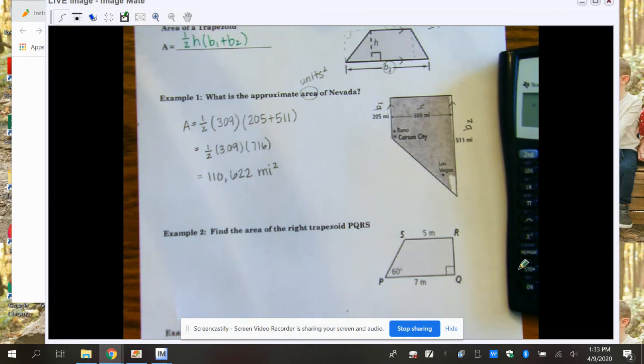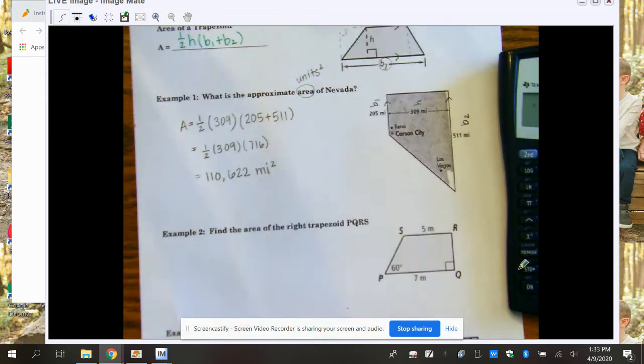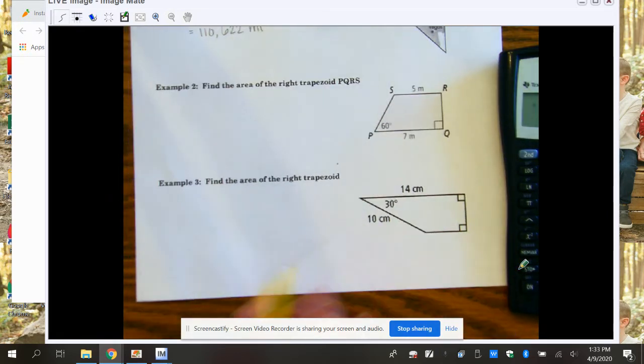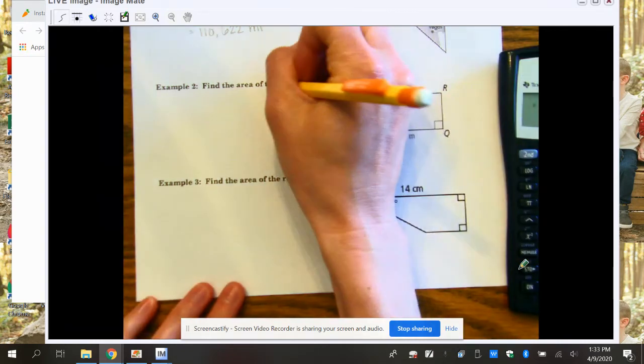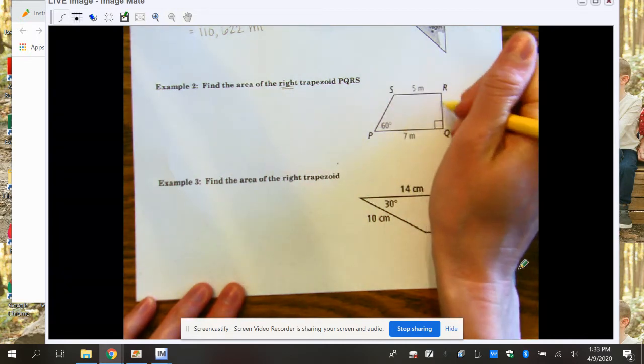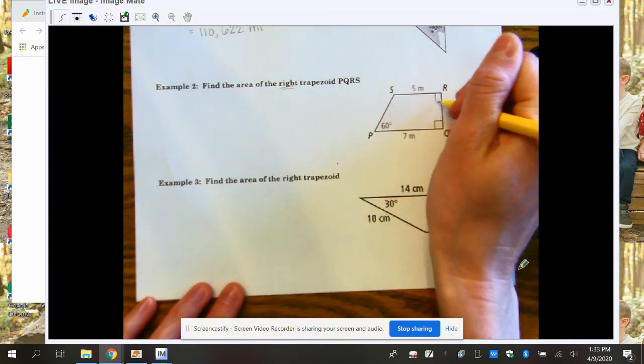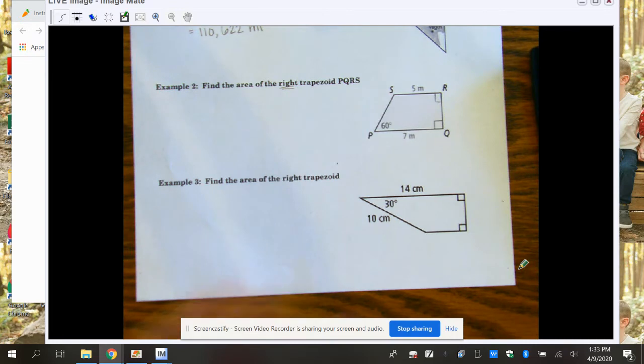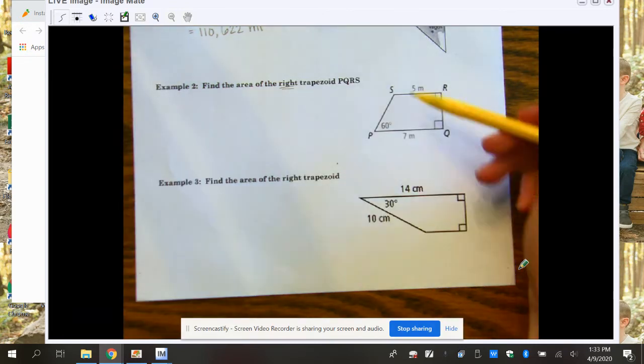Now, these next couple are extensions and applications, bringing back some of the things we did in the last chapter in terms of special right triangles. What we know in this one is to find the area of the right trapezoid. When you know that it's a right trapezoid, that means that it's got at least these two right angles right here and right here in order for these to be parallel.